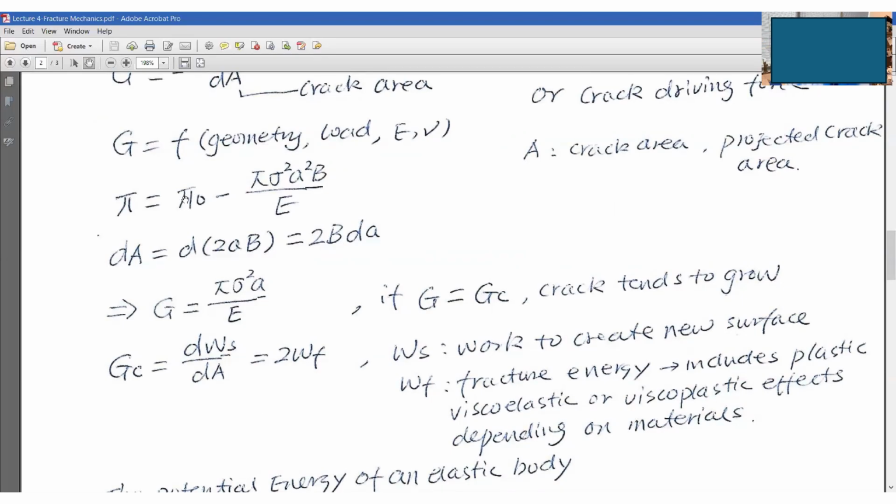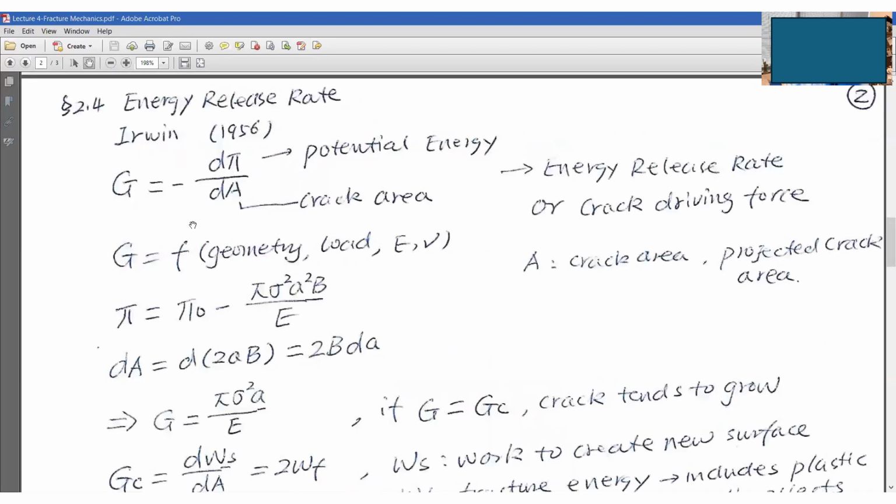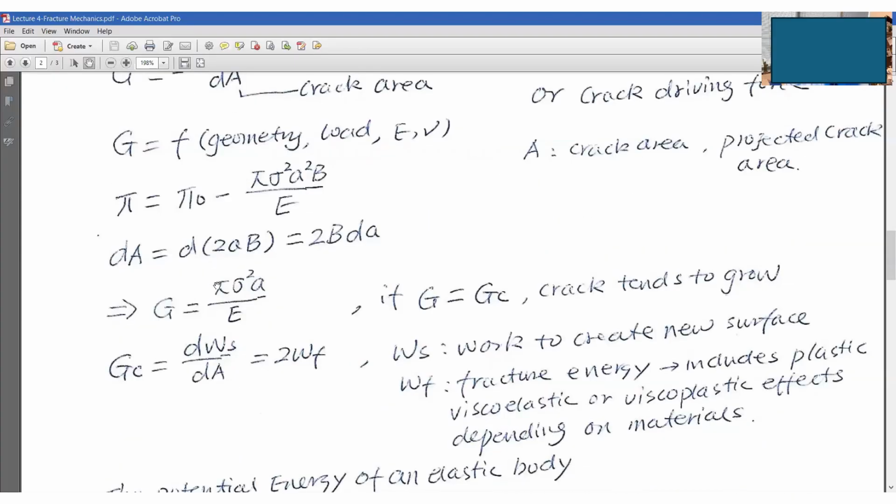If we substitute pi into this equation, we will have this.